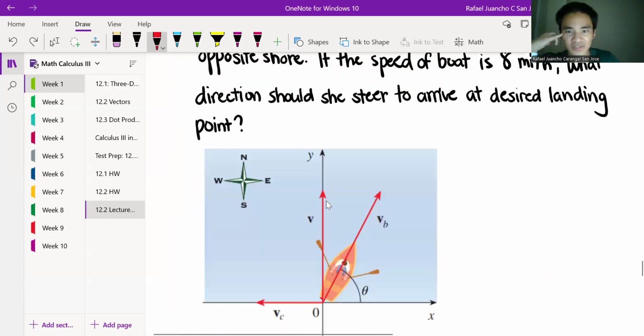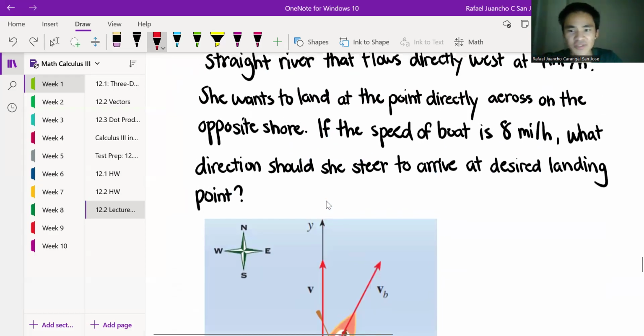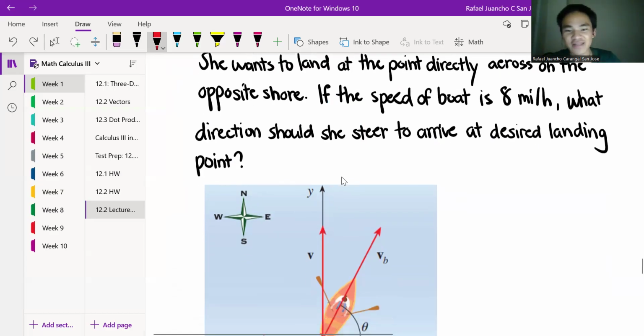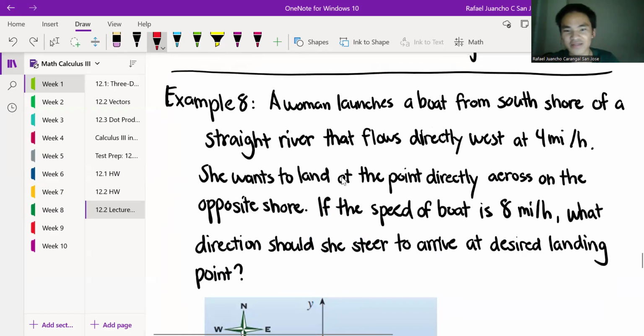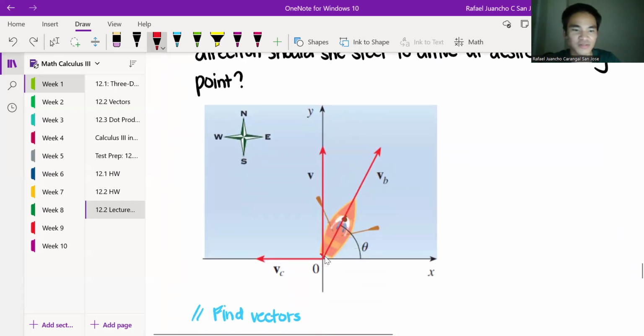So that's how much angle she should steer, sorry, to arrive at the desired landing point because she wants to arrive exactly at the opposite shore. Because right now she's on the south shore, so she wants to go to the north shore, which is the exact opposite of south. So yeah.